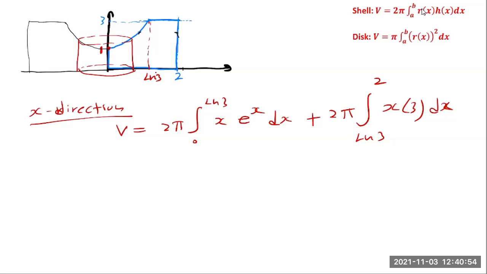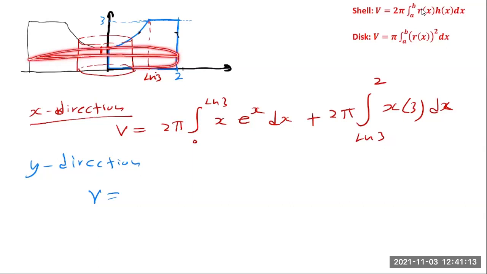How do you write the definite integral along the y direction now for the volume? Well, for the y direction, we can use the disk method, because on this interval, if you take a cross section, the cross section is a disk.